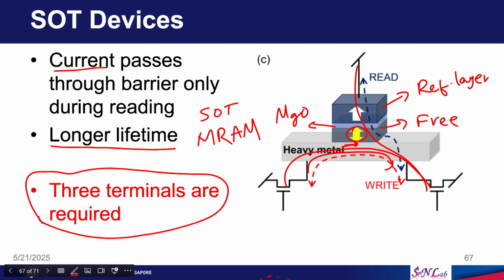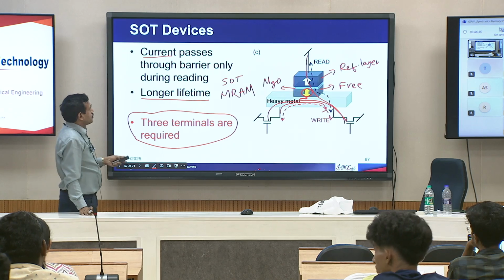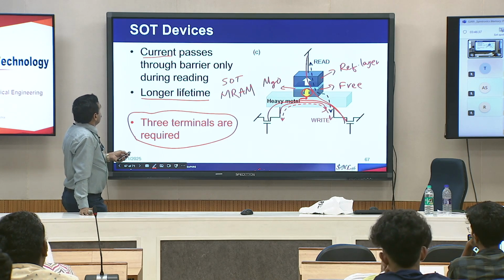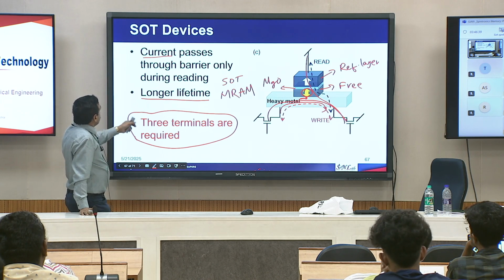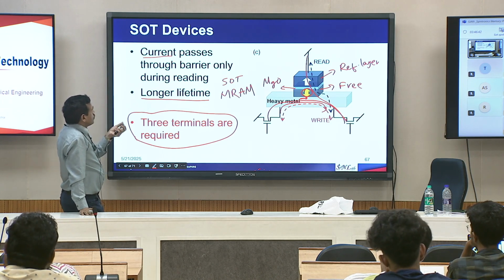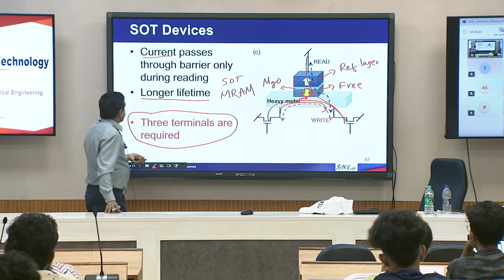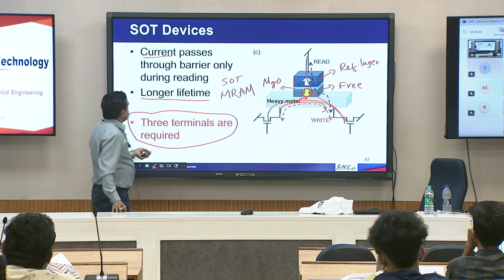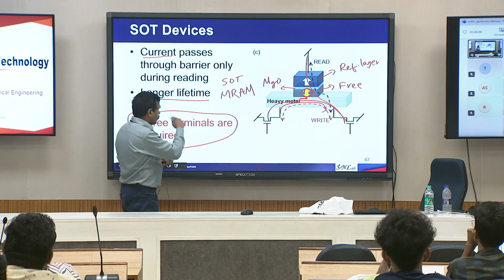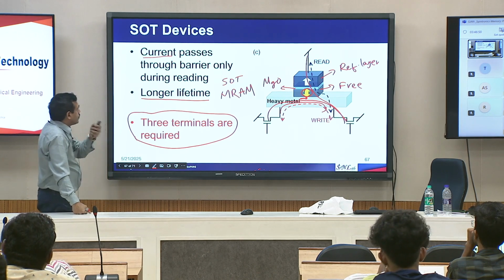So, 3 terminals occupy more space and the device is a bit more complex. So, there are disadvantages and advantages of SOT MRAM, and I will show some more slides to show some other advantages.